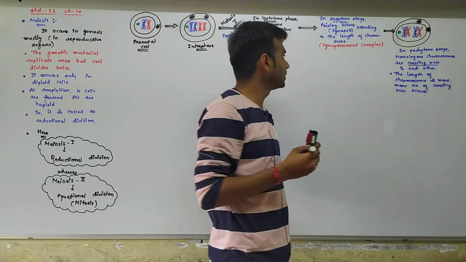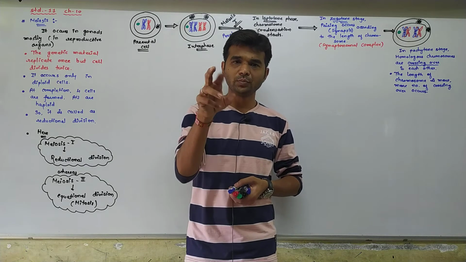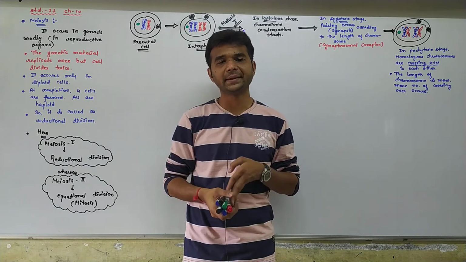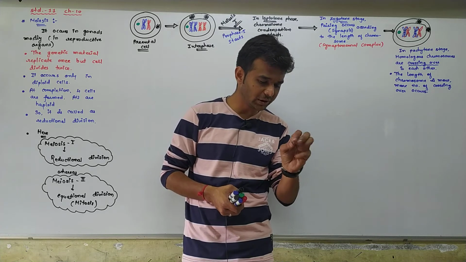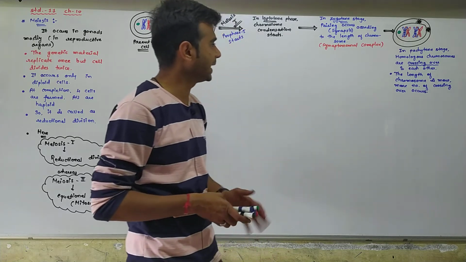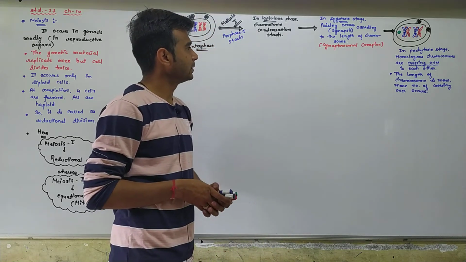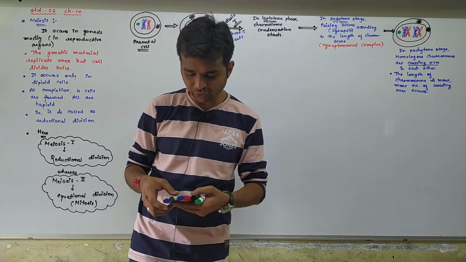But remember that the more the length of the chromosome, the more crossing overs there are. So if the chromosome is short, there are fewer crossing over sites. Fine. Actually, I will show you.